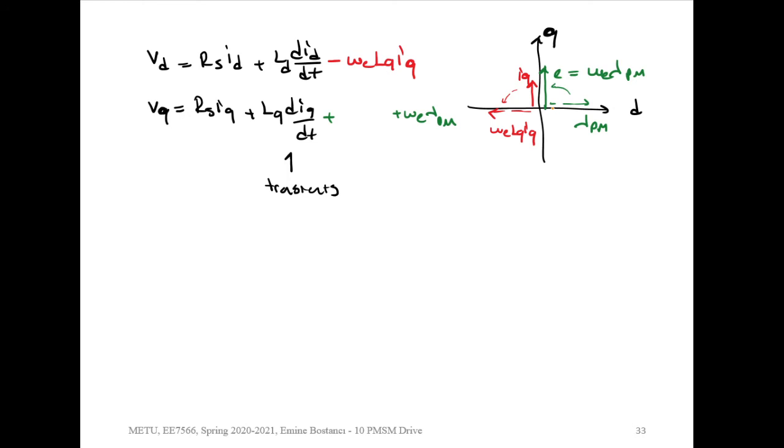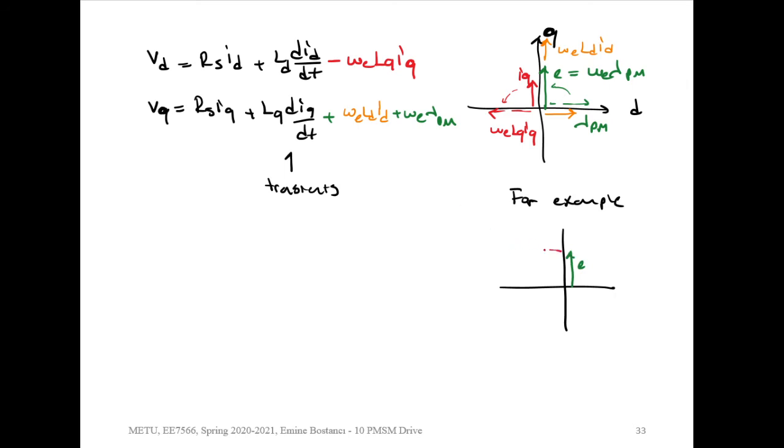And if I have any D current, so I'm not going to send any positive D current, but assume I have any positive D current, its effect is going to be seen on the Q axis, omega E LD ID, in the positive way. And so this was my VD/VQ calculations. For example, if I have ID equal to 0 and IQ equal to non-zero, this is going to be my induced voltage.